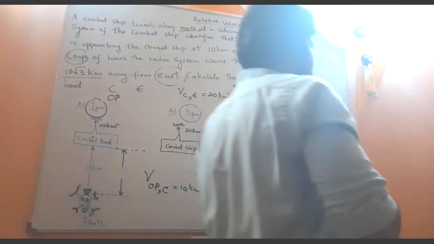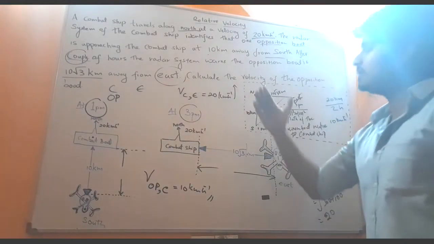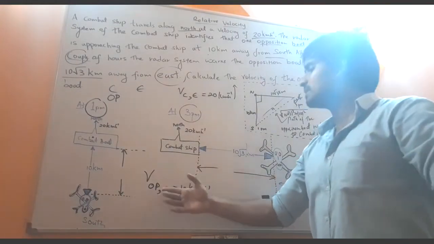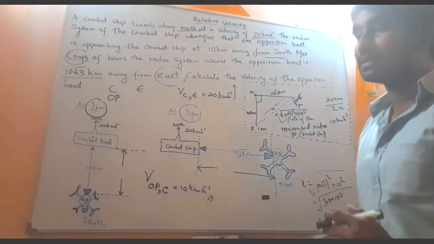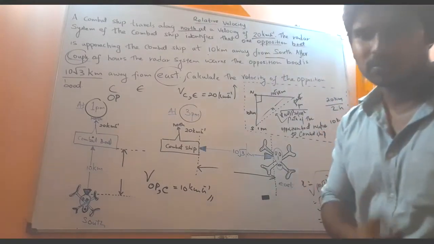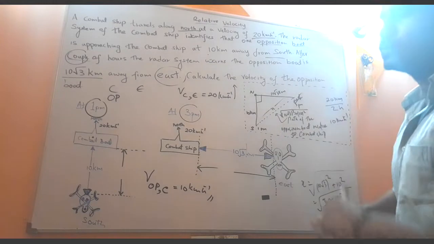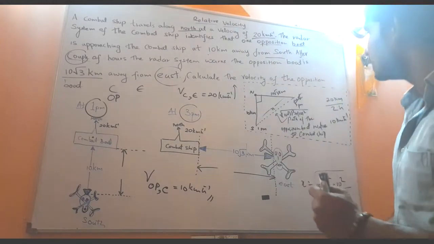Now focus, there is another important thing. The velocity of the opposition boat with respect to the combat ship is 10 kilometers per hour, but that's not the final answer. There is one more thing that you have to add. Here it's not only about the velocity, you have to focus on the position also. Position means this angle.